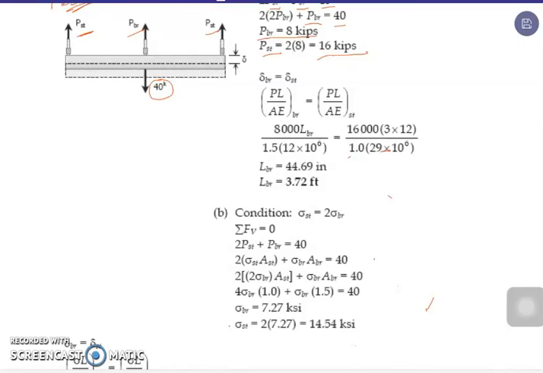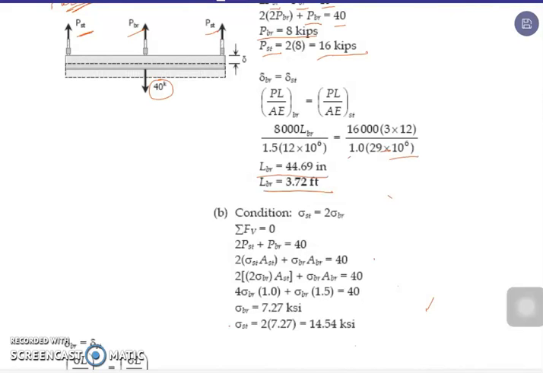And this is equivalent to the load on the steel, which is 16,000, converted from kips, multiplied by the length, which we have converted to inches, so 3 times 12, over the area, which is 1, times E, which is 29 times 10 to the 6. So therefore, the length of the bronze is 44.69 inches, or this is equal to 3.72 feet.